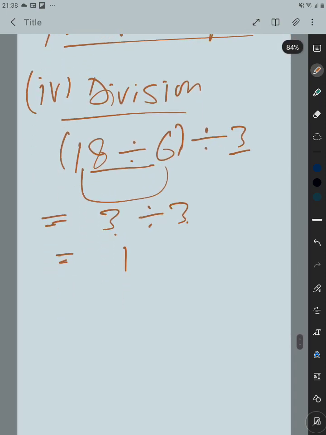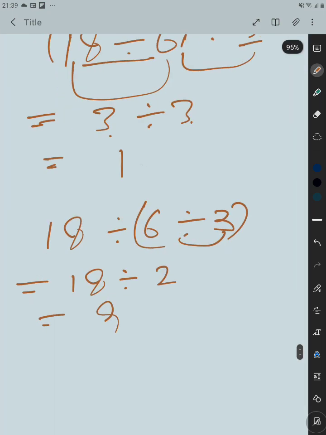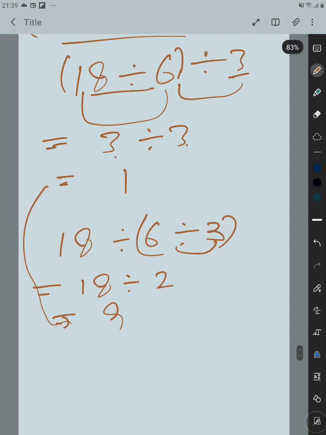Now we'll associate these two first. So it is 18 divided by 6 and divided by 3. We'll associate 6 and 3 now. What will we get? 18 divided by, if 3 is divided, we'll get 2, and here you'll get 9. So these two are not same. Here it is 1 and here it is 9.